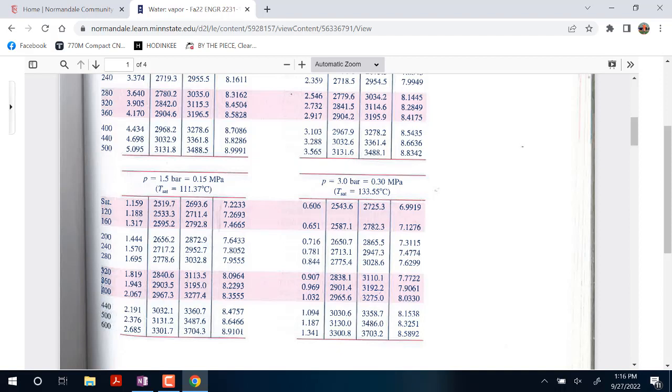So you can see that it's going to be somewhere in the range of 200 to 240 degrees. But you would have to do that again in a 3-step interpolation.